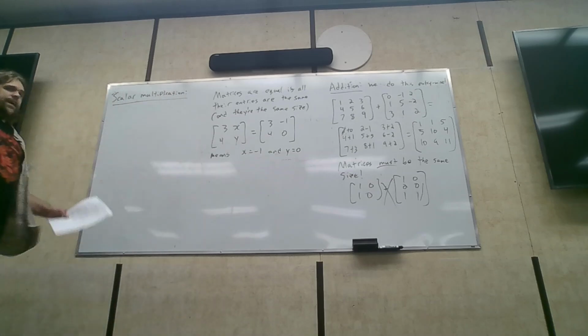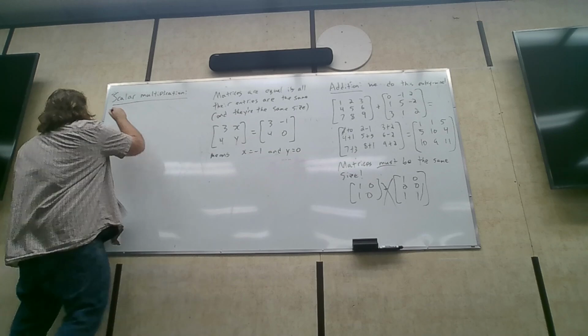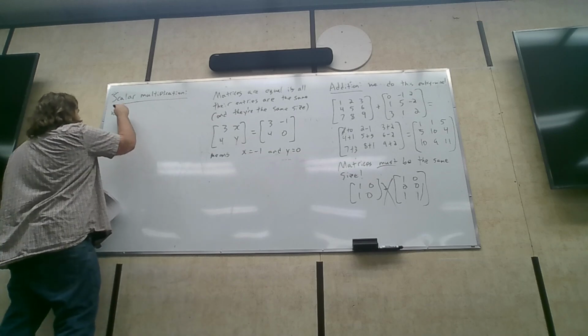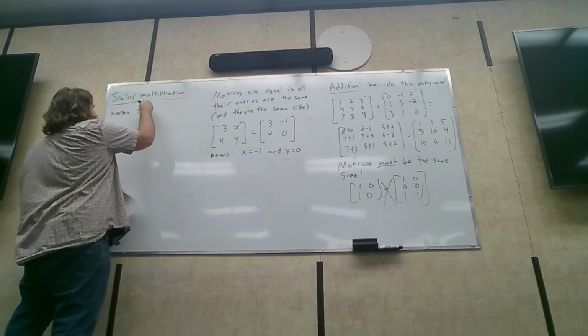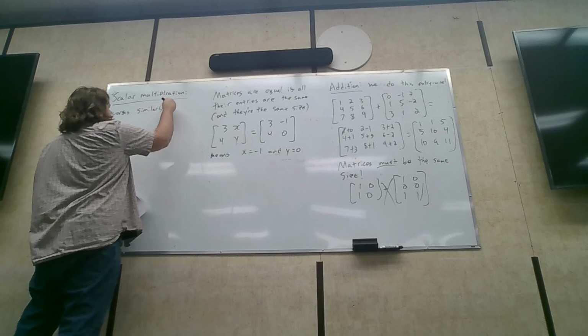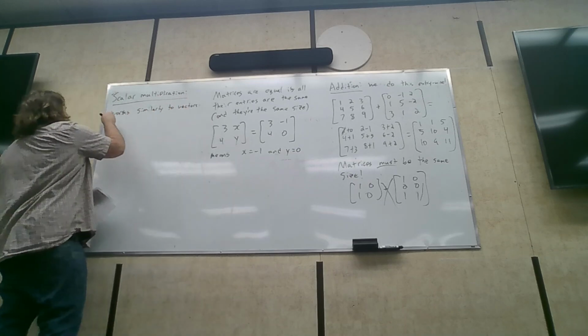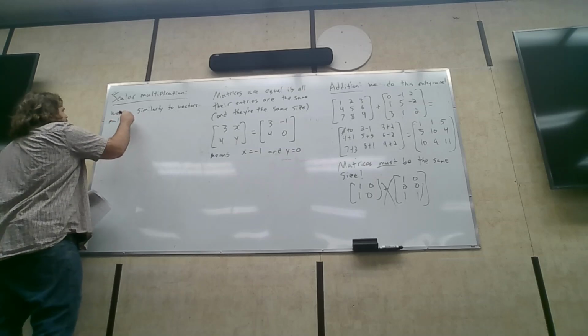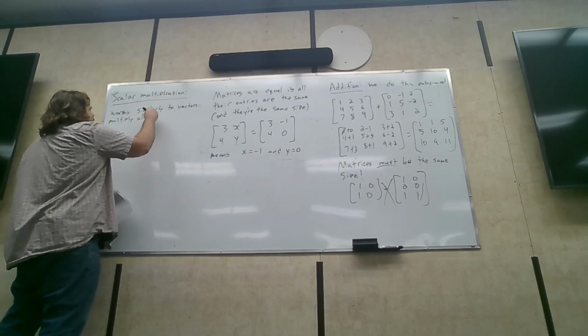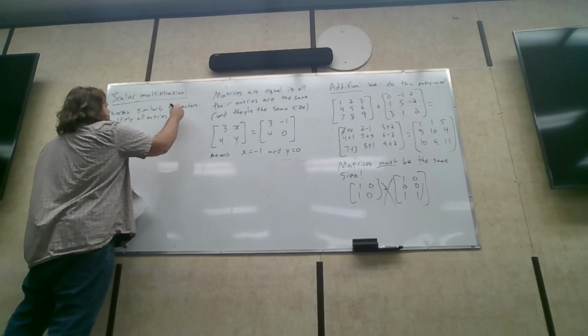So this is exactly like it was for vectors, right? Works similarly to vectors. Just multiply all entries by that scalar.